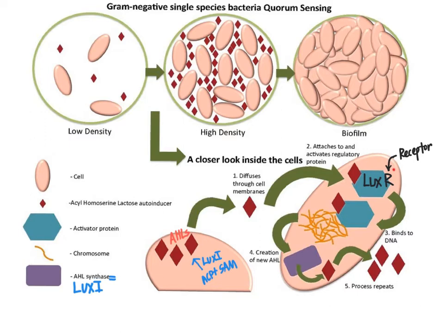What happens is that once LuxR has interacted with and bound with that acyl homoserine lactone molecule, that is going to change the conformation of LuxR, the three-dimensional shape of LuxR, in other words.